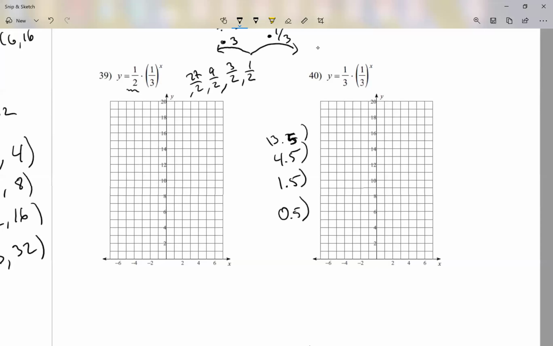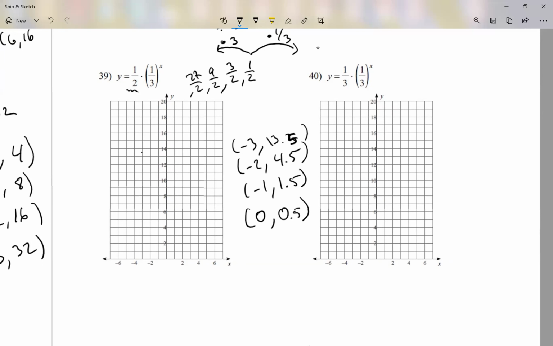It's easy to graph. I know my initial point is 0. And again, I'm going backwards, so my numbers are going to be negatives. -1, -2, -3. So -3, 13.5.